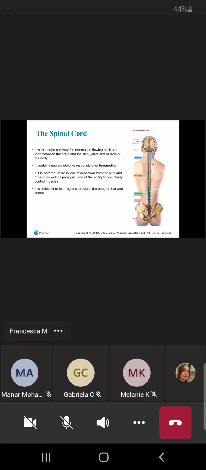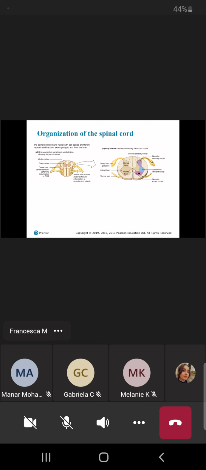As we said, it is divided into four regions: the cervical region, the thoracic region, the lumbar, and down here we have the sacral region. All of these regions have a similar structure.